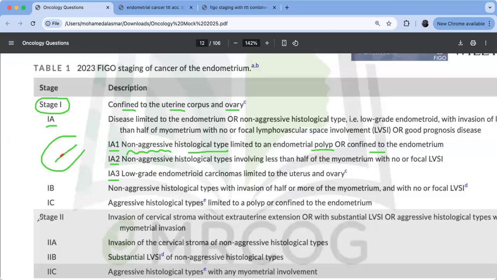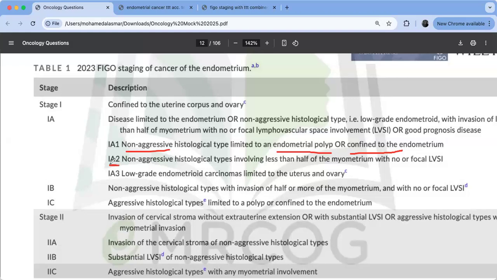No myometrial invasion or a polyp, and it's a non-aggressive type. Okay, this part understood, my friends? 1A1, if there is any problem in understanding: polyp or confined to the endometrium, no myometrial invasion, and non-aggressive. This is the most important thing here. All clear?